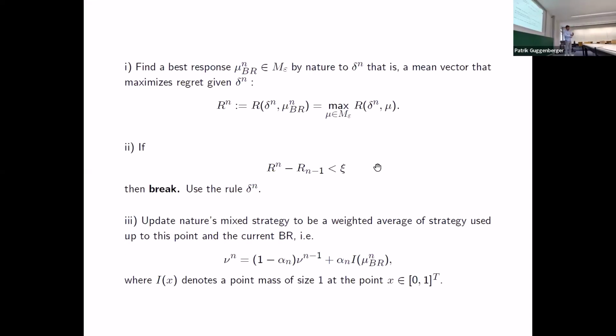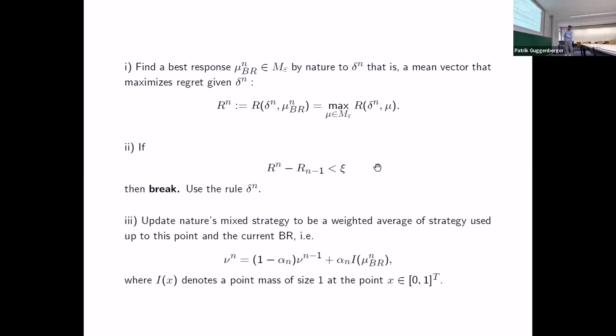I mentioned that we iteratively calculate best responses. So let's assume that the policymaker is currently using delta n. Okay, that's the treatment policy by the policymaker after iteration n. Now we have to calculate a best response by nature in the finite action space M epsilon to that mixed strategy by the policymaker.